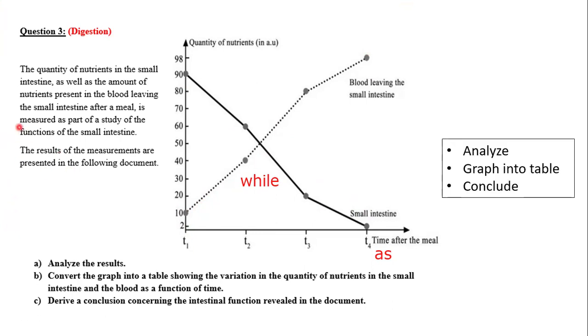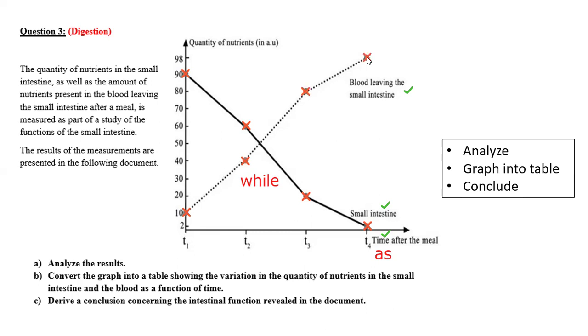Second one بدي احول الجراف لتيبل تطلع how many points انا I have. اكيد حيكون التيبل عنده 3 rows. اوكي the first row اللي تحت بتصير فوق. يعني اول row رح تكون للتايم. second row رح تكون اذا بدكم للquantity of nutrients مرة بالsmall intestine مرة بالblood leaving the small intestine. اوكي so 3 rows. شو هن البوينتس اللي انا بدي احطهم؟ بالسمول intestine عندي هيدي البوينت 1 2 3 4. بالبلاد leaving the small intestine كمان عندي 4 points اللي هي هاي وهاي وهاي وهاي.